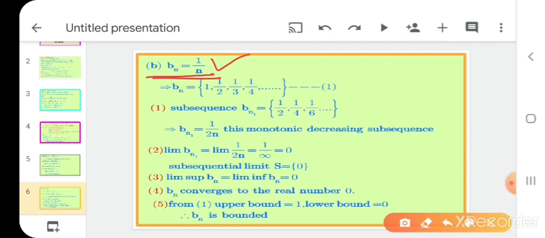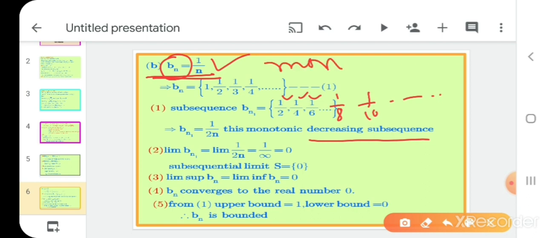Bn1 equals, what is the subsequence? The subsequence is 1 by 2n. This is a monotonic decreasing subsequence. See here, what are the elements here? 1 by 2, 1 by 4, 1 by 6, 1 by 8, 1 by 10, like this. If the denominator increases, automatically the value of the fraction decreases, okay? So this is a decreasing subsequence. Therefore, Bn has a monotone subsequence.